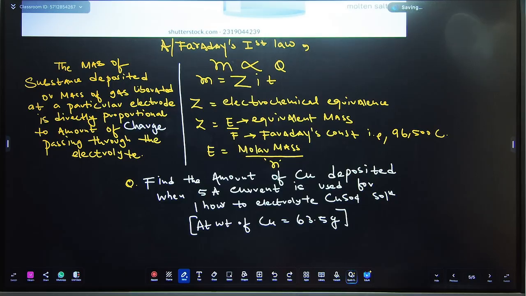Online, everyone do this. You don't know how n is 2?